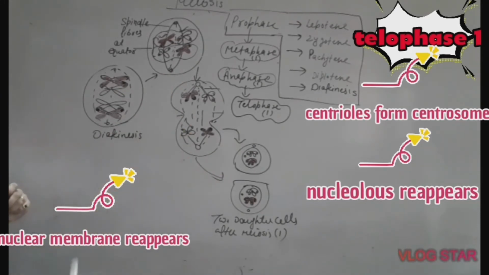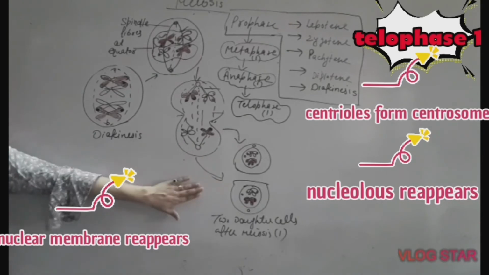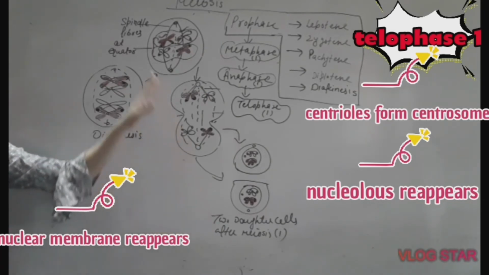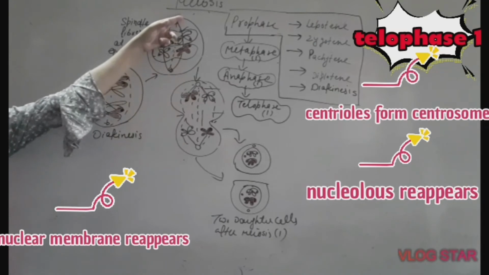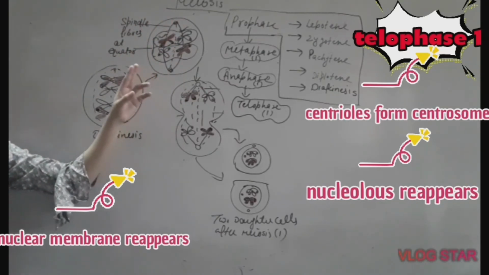The biggest change to be observed here is reduction of chromosomes. This is why meiosis 1 is considered the reductional division. The entire meiosis has not been completed yet. Meiosis involves two cell divisions, so division of the cell occurs twice.